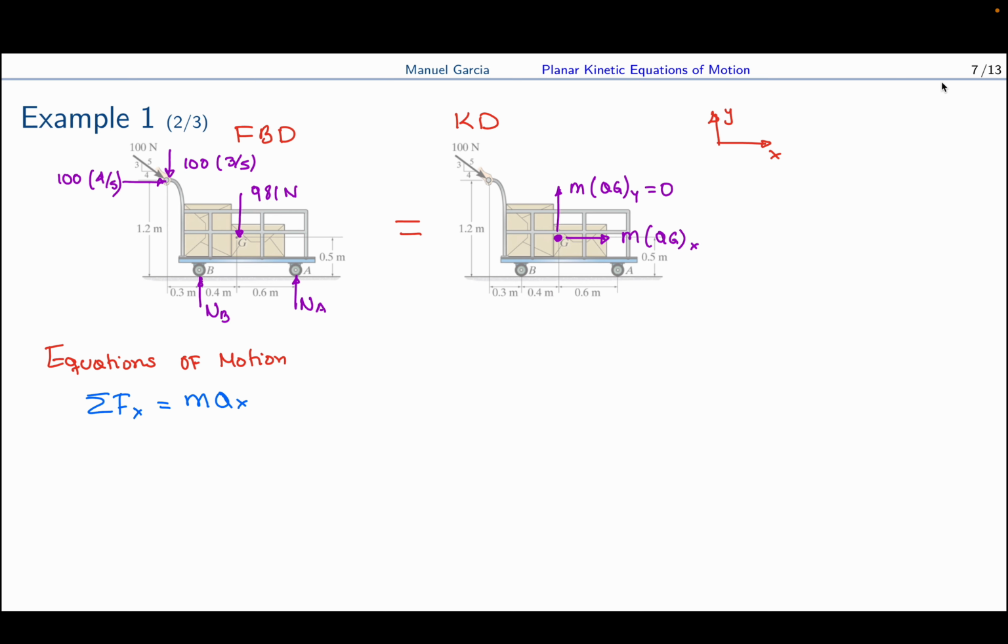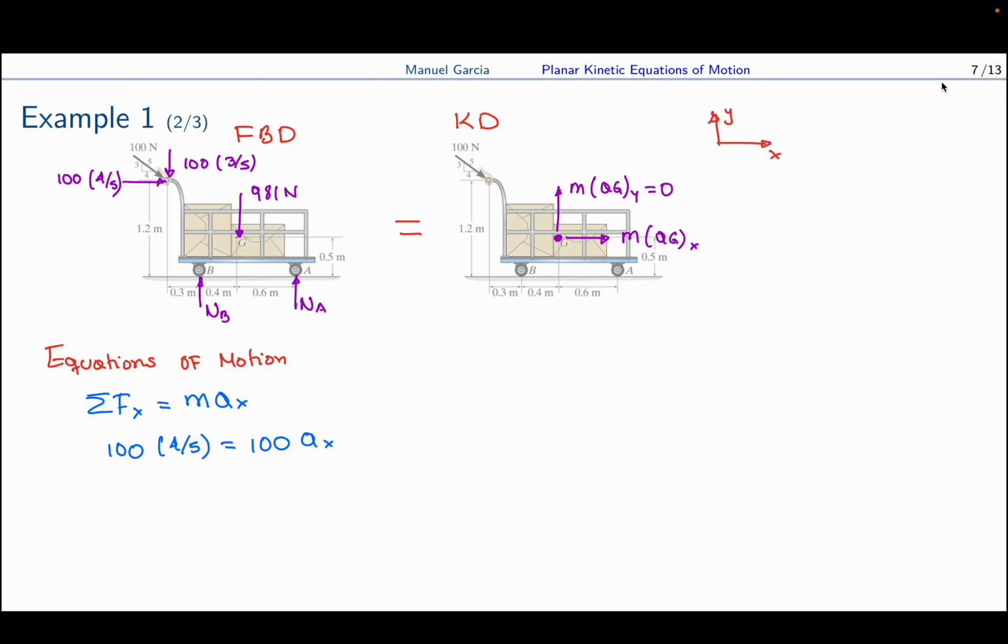On the left hand side we have 100 multiplied by 4 over 5, since that's the only force applied, equal to the mass, which is 100, multiplied by the acceleration in x, which we don't know.